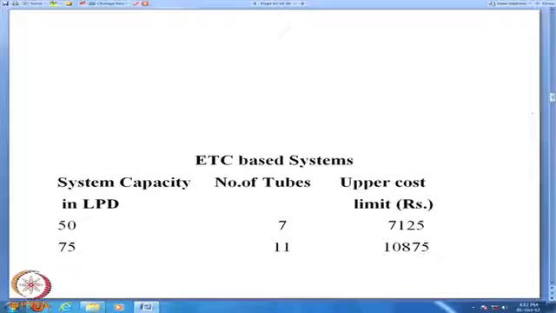In other words, the manufacturer should be able to supply solar water heating systems at this price for the capacities indicated. There is also a bank upper limit, which I have seen, though I thought it is not relevant to give in this course.